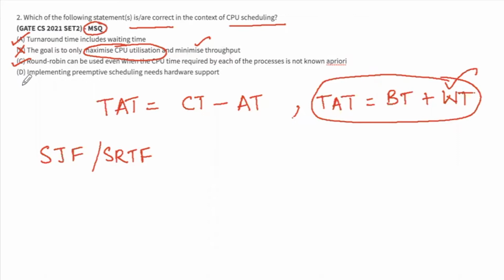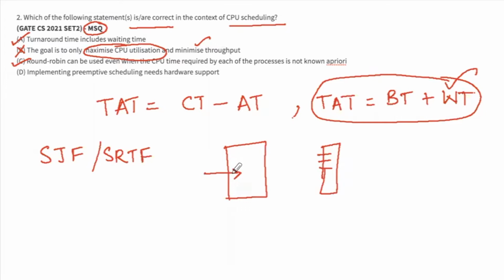Then the final option, implementing preemptive scheduling algorithm needs hardware support. You know what a preemption is. Whenever you are executing a process, you can preempt the process and give the control of the CPU to a new process to execute. This is known as preemption.